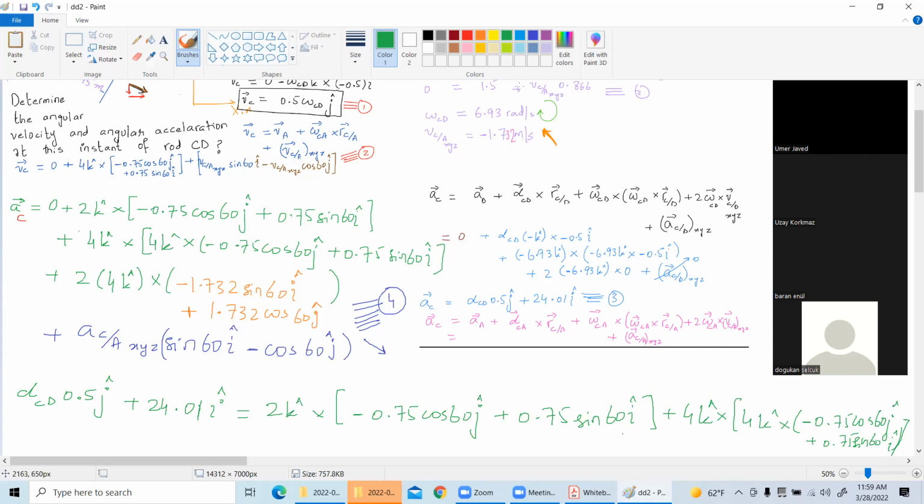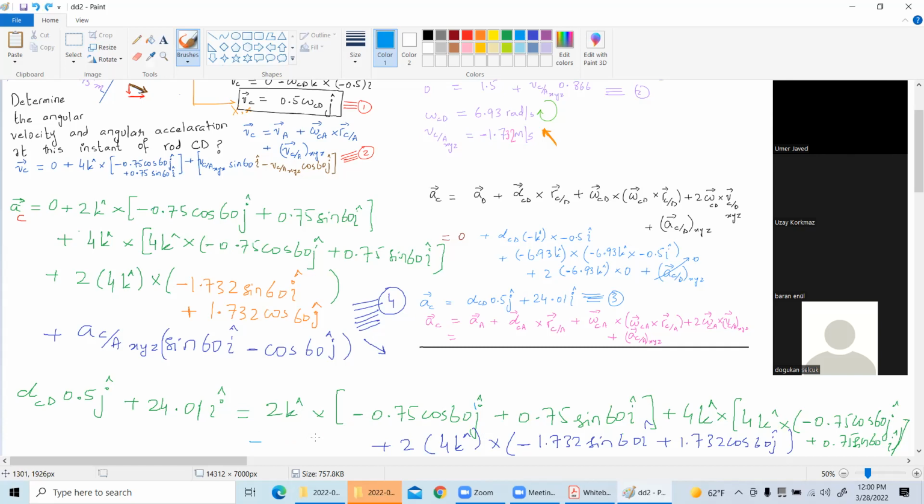Then you will have, with a different color, plus 2 multiplied by 4K cross product minus 1.732 sine 60 I plus 1.732 cosine 60 J. Oh, come on, this is not ending. Plus acceleration of C with respect to A. I don't have space now.